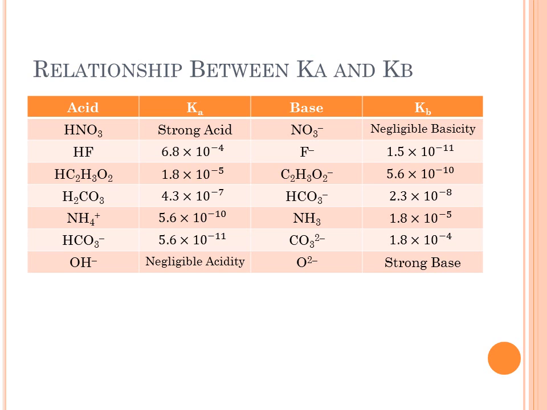But in the base column, you see nitrate, and then you see fluoride, acetate, bicarbonate, ammonia, carbonate, and peroxide, where you can see the peroxide is a strong base, where the nitrate is negligible basicity. So the conjugate acid of a strong base is not really acidic. That would include things like cations, like sodium, and things like that.